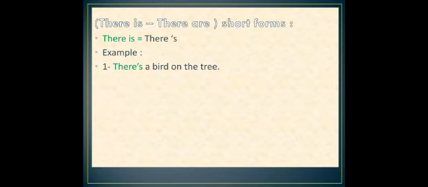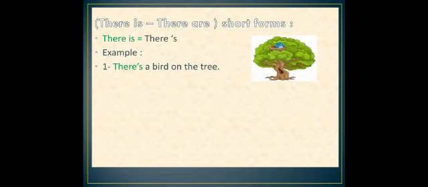There is and there are short forms. We're going to study the short forms of there is and there are. The short form of there is is there's. Example: there's a bird on the tree, which is different from there is a bird on the tree.